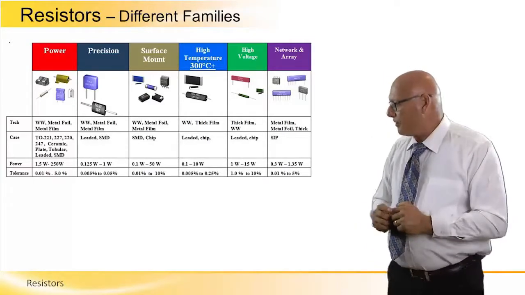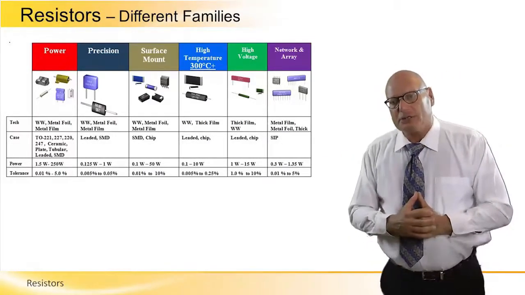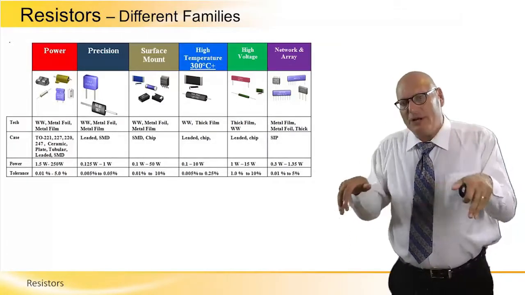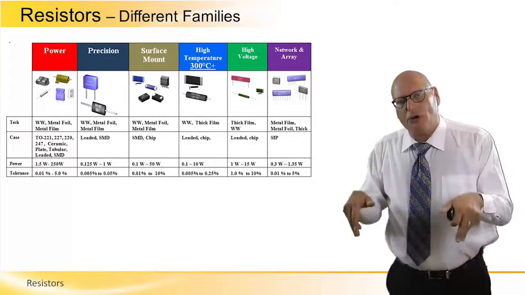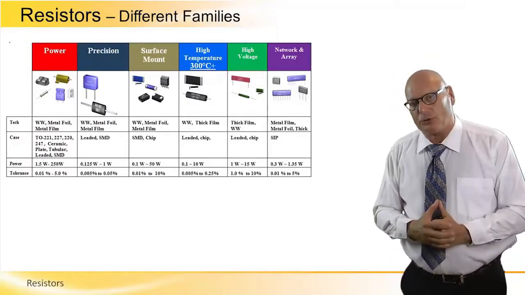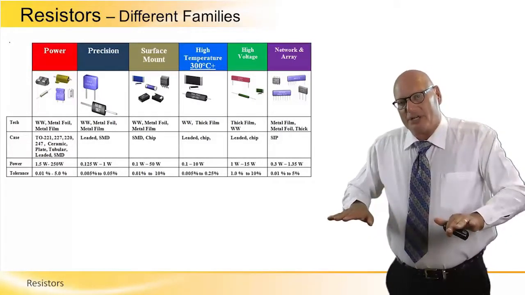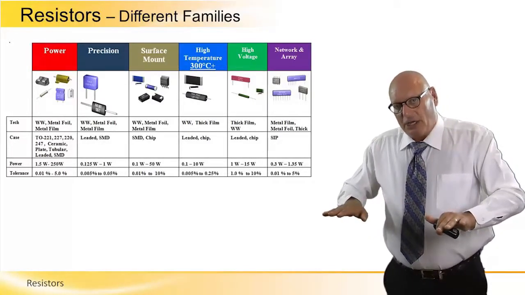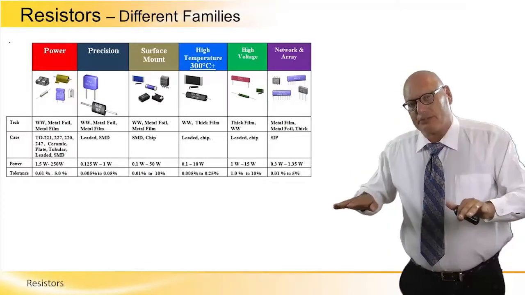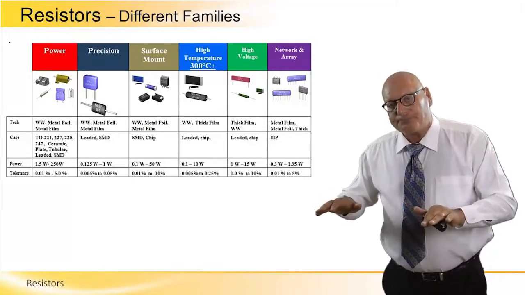Very important. The one in the center, surface mount resistors. Surface mount resistors have basically no legs that go in through holes in printed circuit boards. We solder them on the component side of the printed circuit board. And this is what we call surface mount, SMT, surface mounted technology.